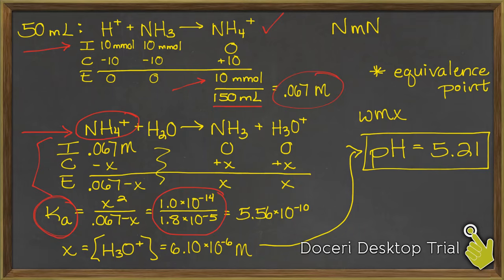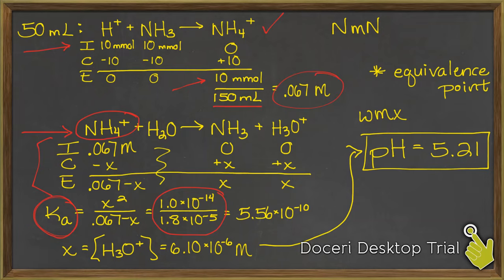And I want you to look at where the pH at this equivalence point has fallen. It is below 7, and that is where it should be. Let's review. If you're doing a titration between strong acid and strong base, the pH will fall at exactly 7.